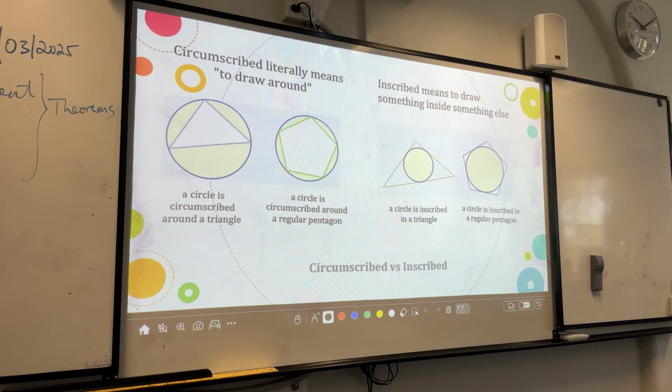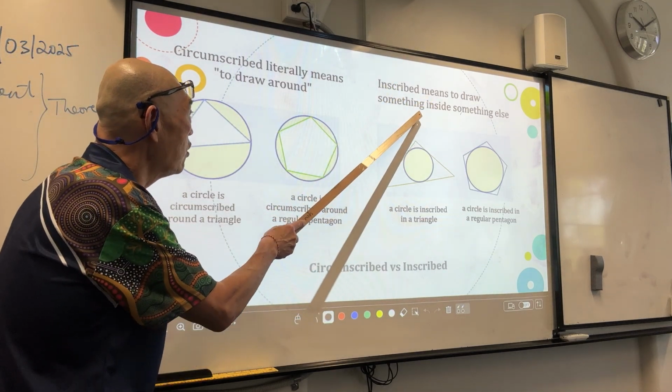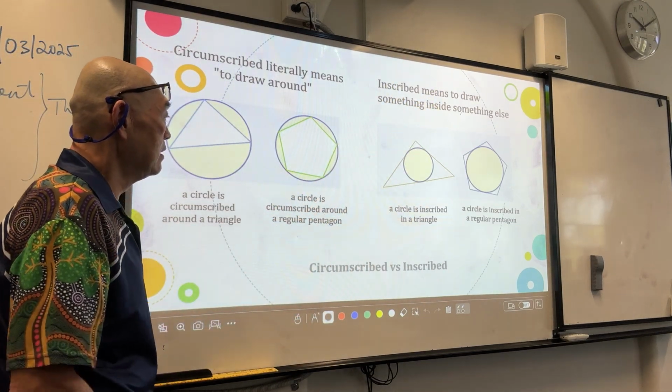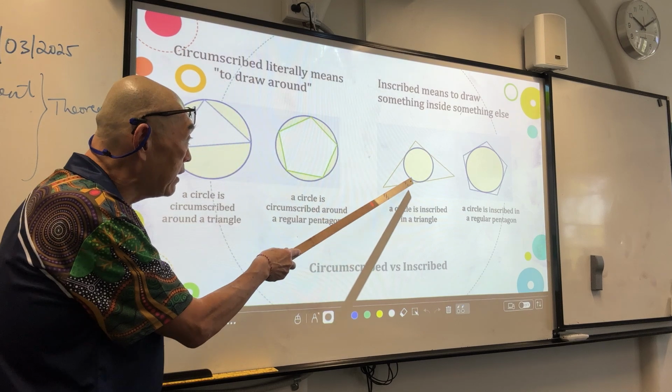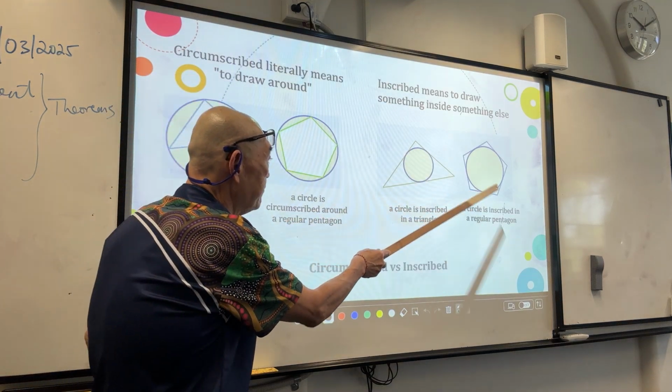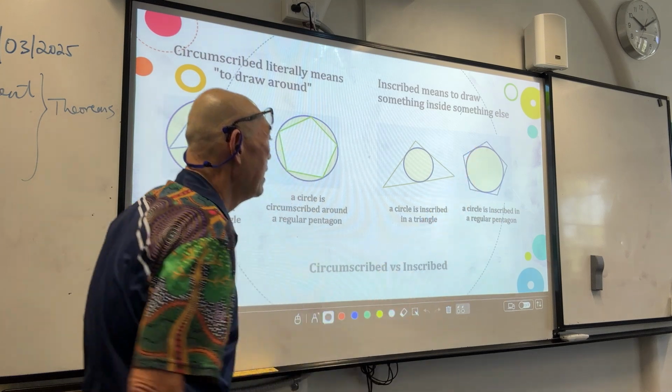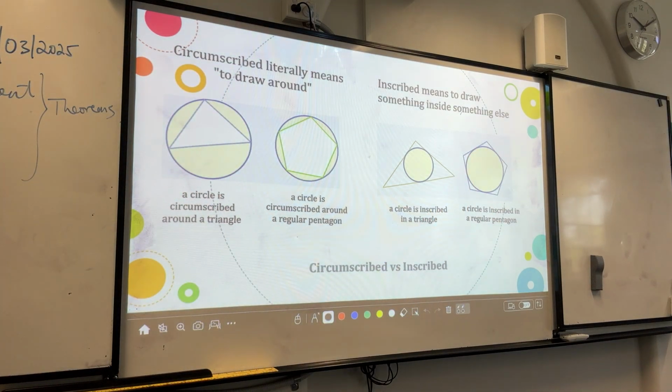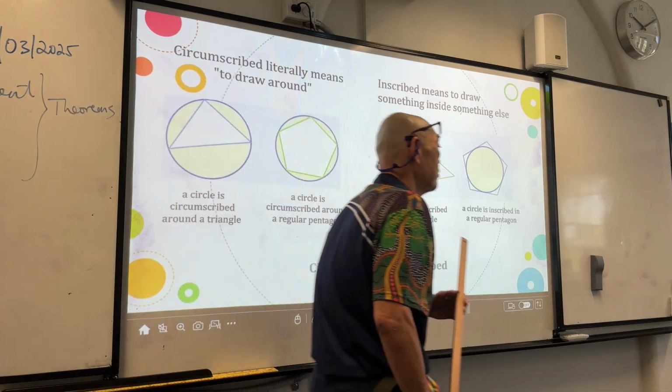For a cyclic quadrilateral, a circle is circumscribed around it. Whereas inscribed means to draw something inside something else. A circle is inscribed in a triangle. You can see the circle is touching the sides of the triangle. Same with that, a circle is inscribed in a regular pentagon. So you need to know these two words: what does circumscribed mean and what does inscribed mean?